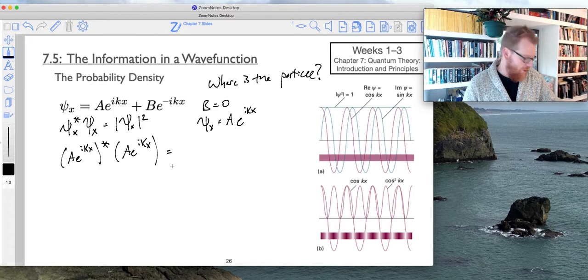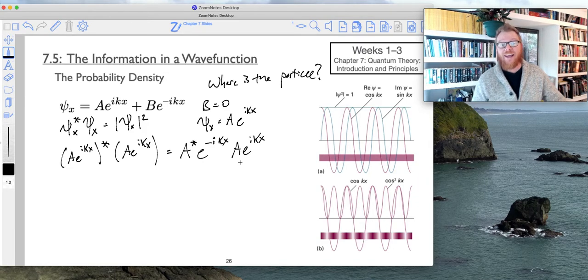And so all of that is going to equal the following. So we'll say A star, and then when I apply the conjugate to that, that's going to be e to the negative i k x, and then that's going to be times A e to the i k x. Well, what do I get out of this?